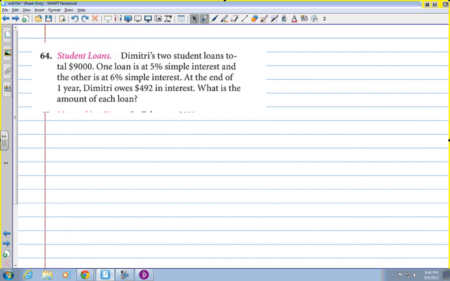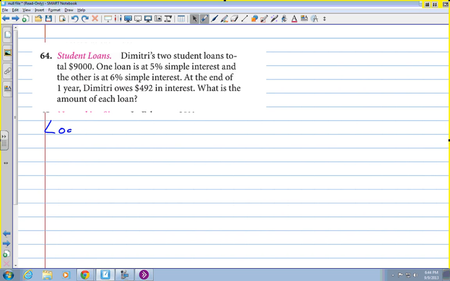But what happens if you add x and y? Equals 9,000. So if loan 1 is x, then I can say loan 2 is 9,000 minus x. So I can avoid having two variables, because if you get two variables, then technically I have two equations. Now x plus y equals 9,000, and whatever else I can come up with. But in this case, I can just say this.